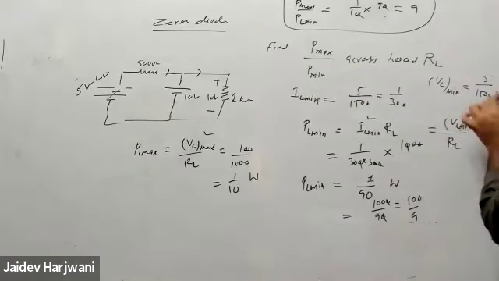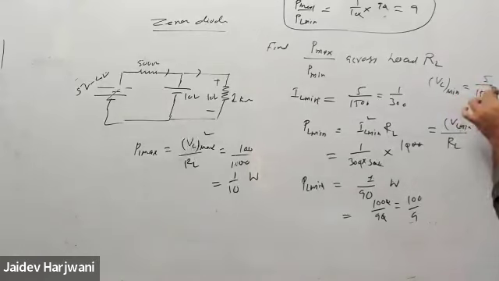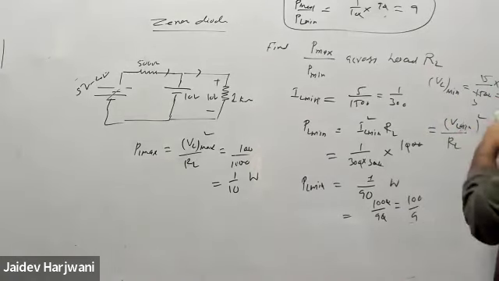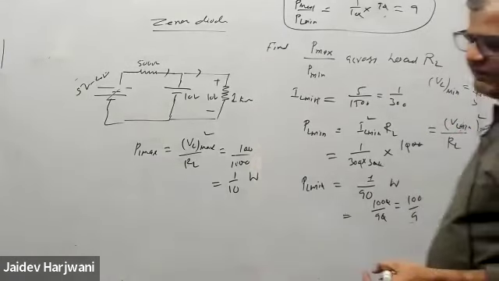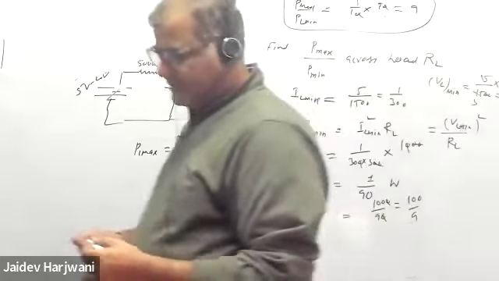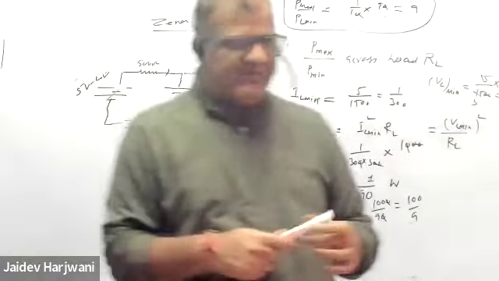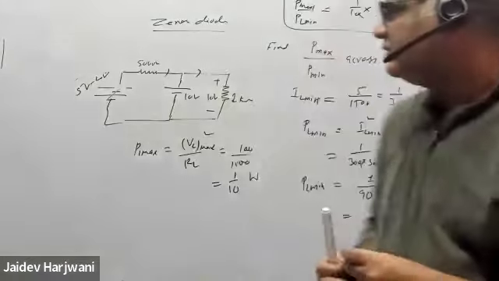That is 1 upon into 1000. So 2 cancels, 1 cancels, 3. So 10 by 3 is basically your VL minimum. Okay. And if you put this value, you will automatically get PL minimum equal to 190. So the minimum value is 10.3.